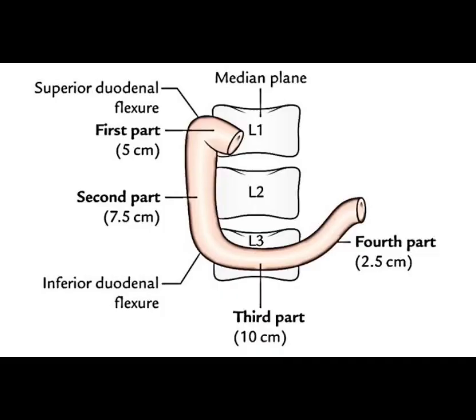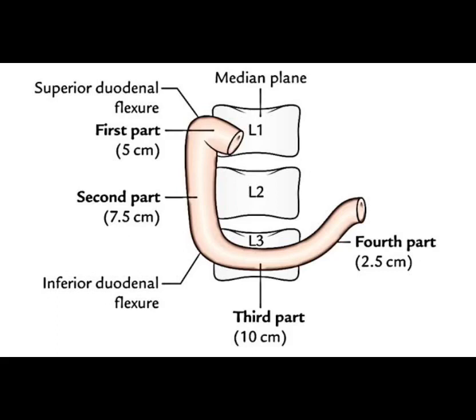The second part of the duodenum is about 7.5 centimeters long and is the descending part. It begins at the superior duodenal flexure as a continuation of the first part, opposite the lumbar 1 vertebra.